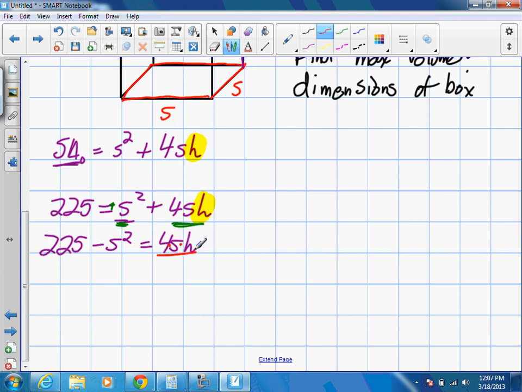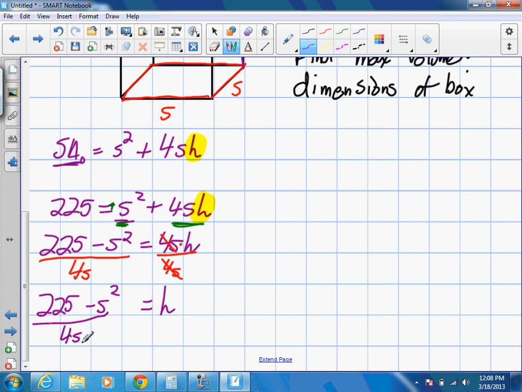So we're going to divide by 4S on both sides. So I've eliminated 4S on one side, and I've now isolated h. H is all by itself on the right, and our equation is now 225 minus S squared, divided by 4S.